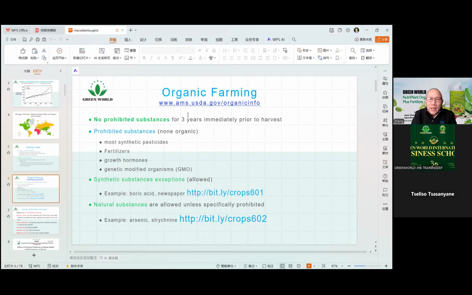You must not have had any chemical contamination on your farm, or used any in the last 3 years. But sometimes if your field gets contaminated, you may need 30 or 40 years to clean it up. So this is a very tough standard.